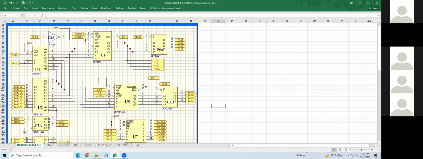Also, make sure this data cannot be changed. So if you connect it to P clock, maybe it works, but I'm not sure. The thing is, P clock connects to this one and also to this one.